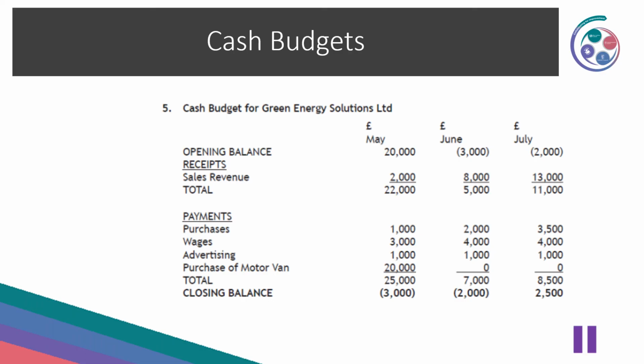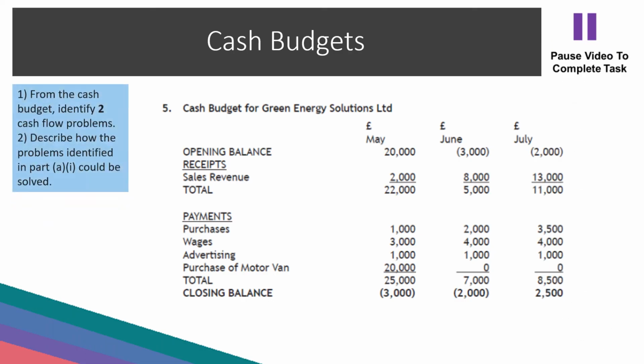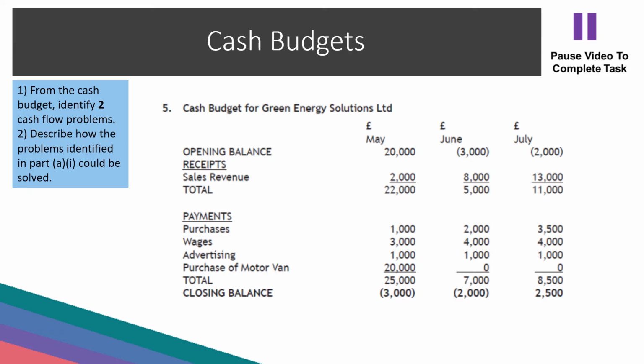Okay, so other questions that you might get asked would be, from the cash budget, identify 2 cash flow problems and describe how the problems identified in part A could be solved. Now, there are only so many ways that they can ask you this question, and there's only so many increases or decreases that they can do.